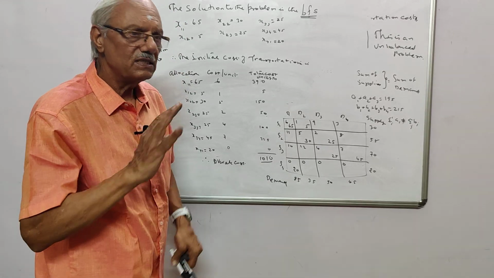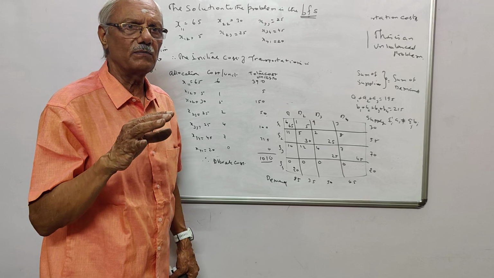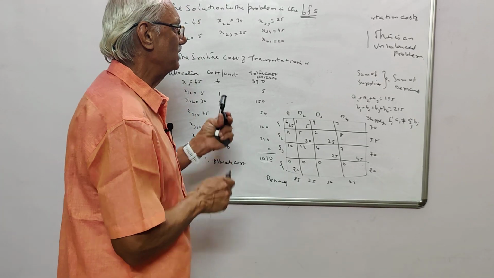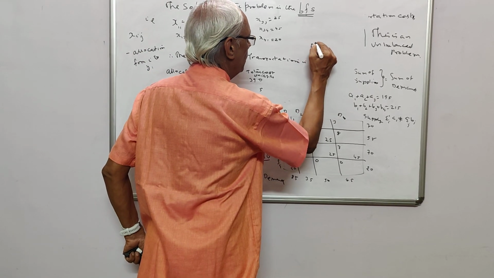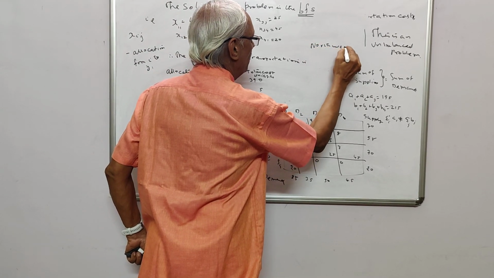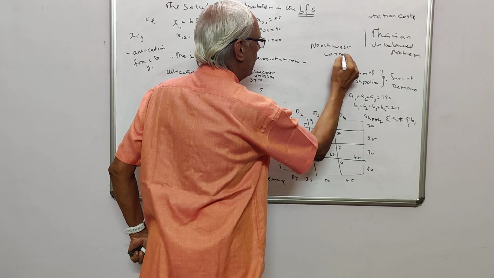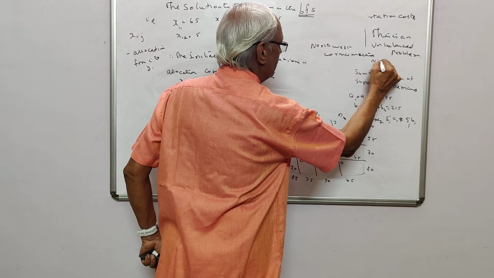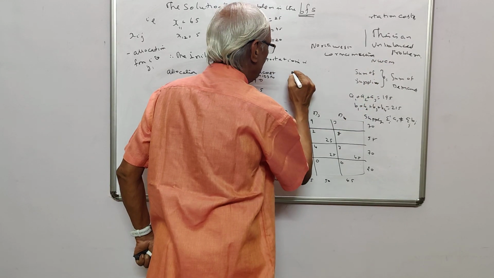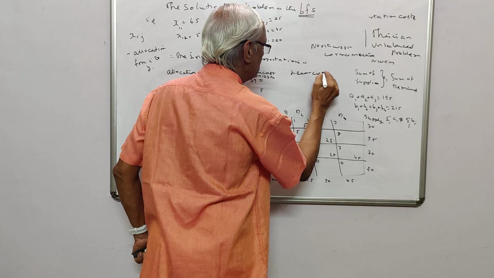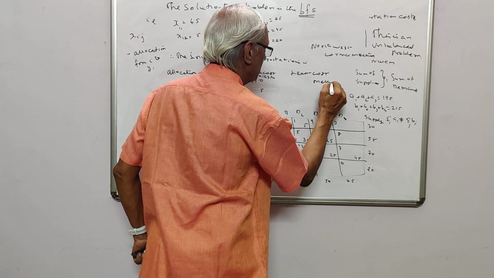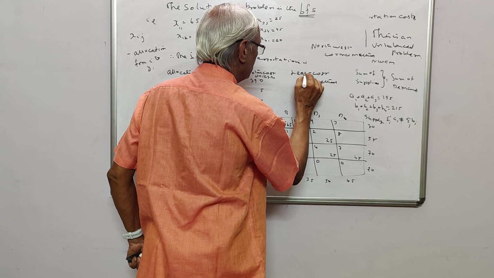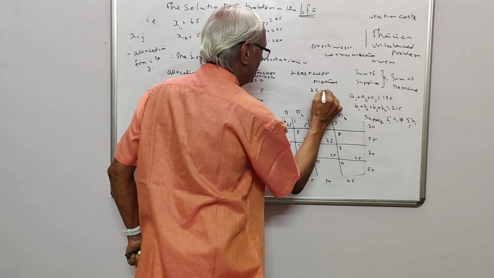Now this is Vogel's approximation method, which gives you a comparatively better result than the other methods. There are two other methods: the northwest corner method and the least cost method, LCM.